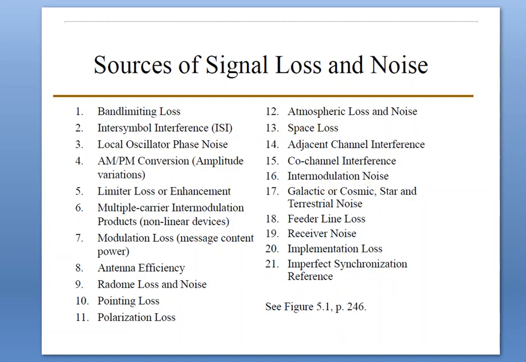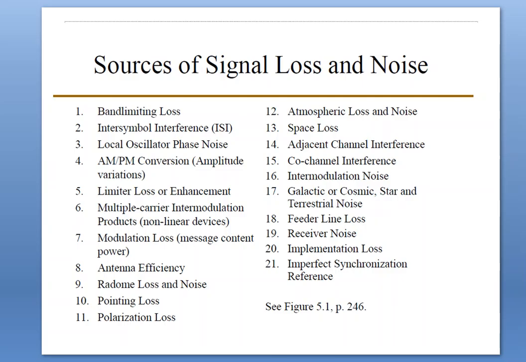The energy appropriated to these spurious signals represents a loss of signal energy. In addition, these IM products appear within the bandwidth region of either signal. The effect is that they add to the noise of those signals.